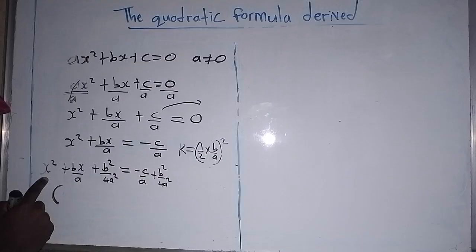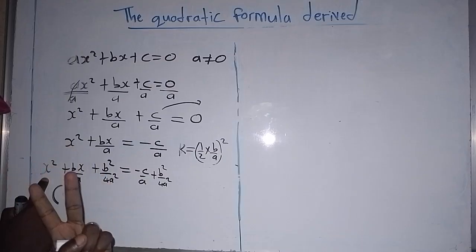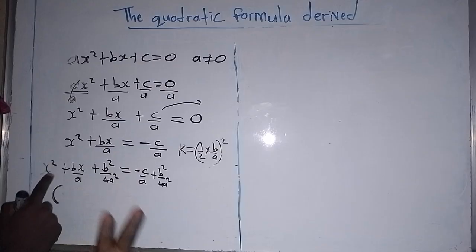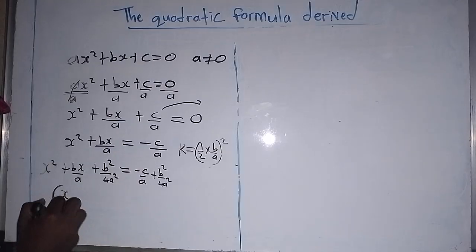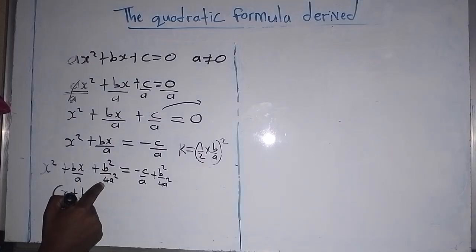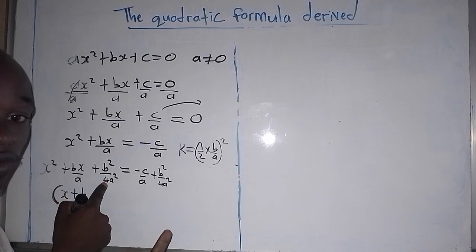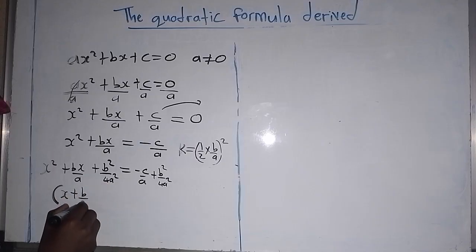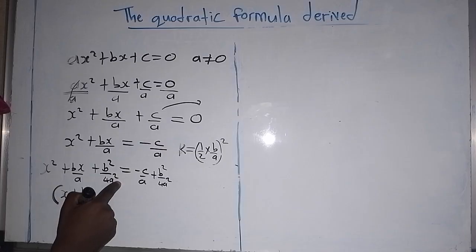The x squared gives me 1x, so I have x. The sign there is positive. Then I get b, over the square root of 4, which is 2, and the square root of a squared, which is a.